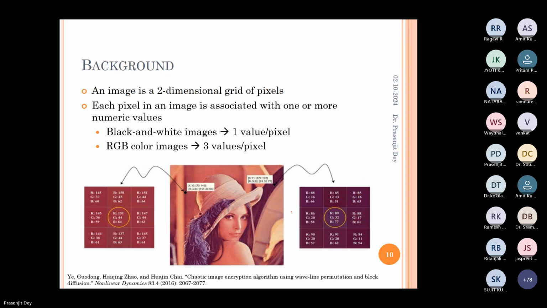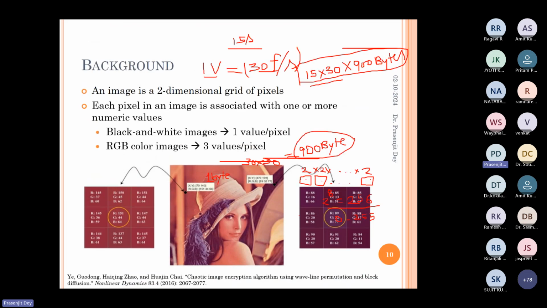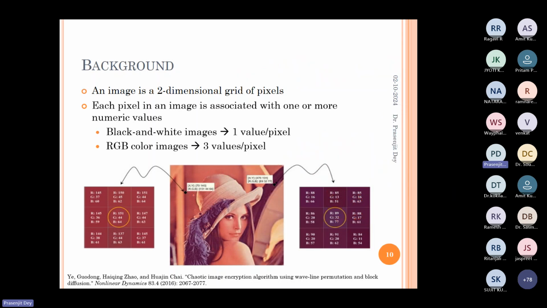Now, in reality, the image cannot be only black and white. The image can be a colored image. By colored, what does it mean? Instead of the pixel having a single grayscale value, now the pixel can have three different types of values. It can have a value with respect to the red component, a value with respect to the green component, and a value with respect to the blue component.